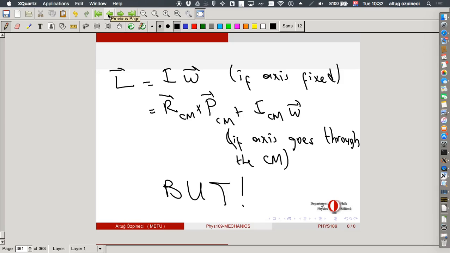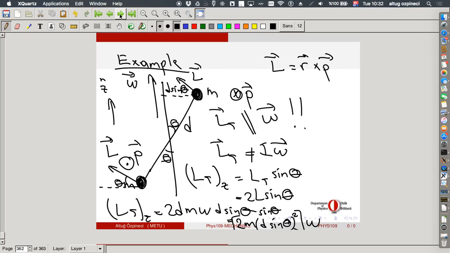Well, in our case, we will always be dealing with spheres or rings, which are symmetrical objects. For symmetrical objects, this holds all the time. The angular momentum is always in the direction of the angular velocity. But not necessarily for objects that are not so symmetrical, like this one. It doesn't hold.